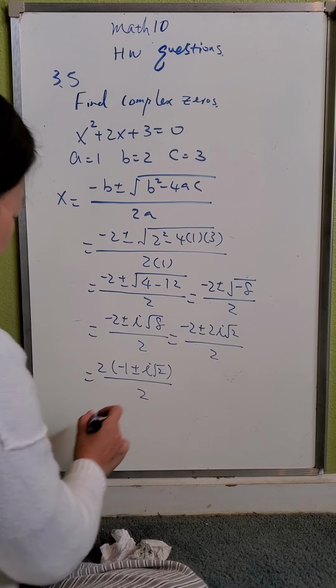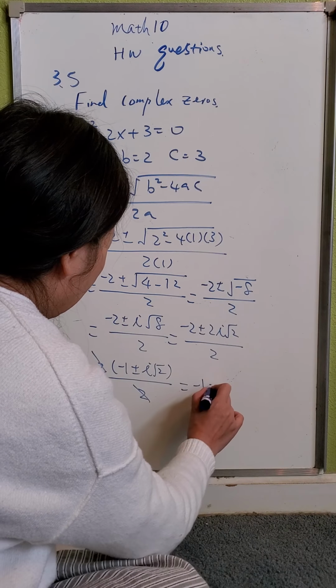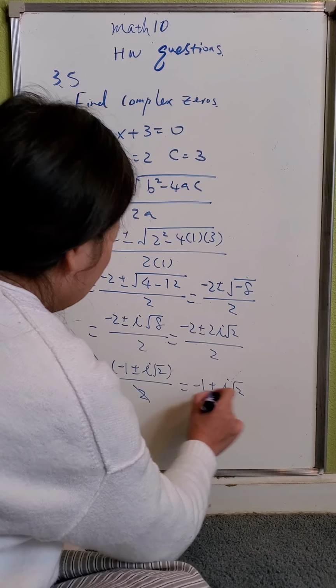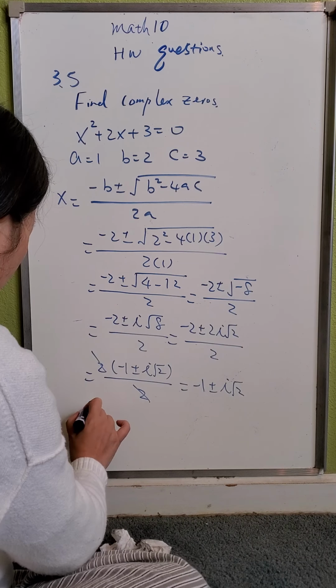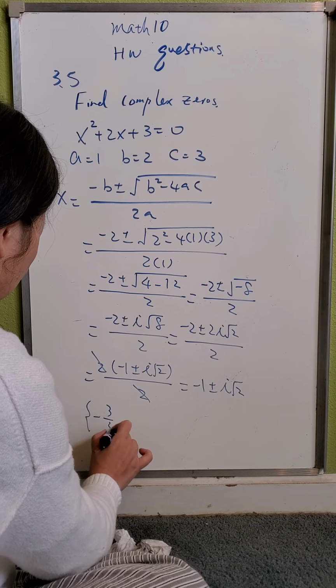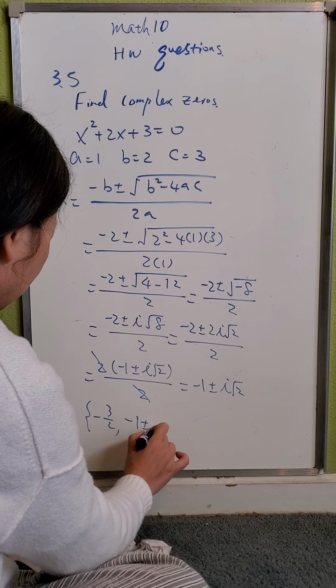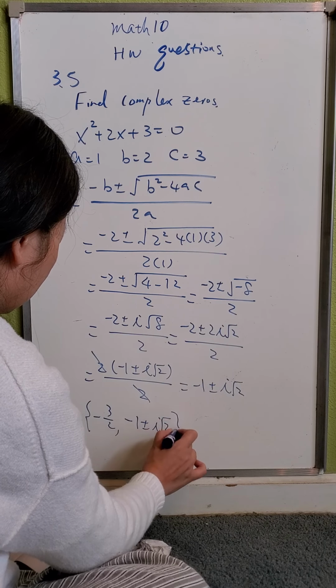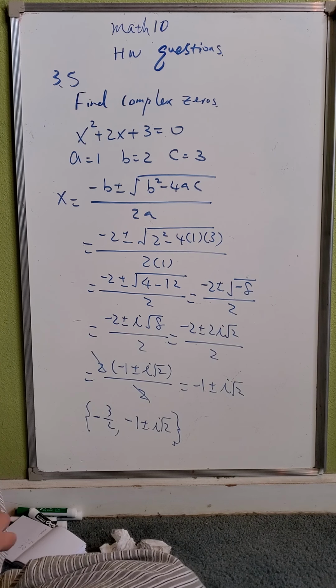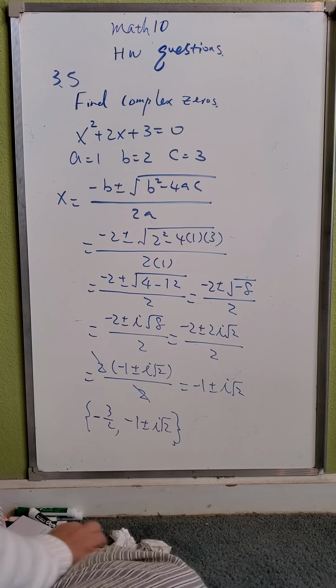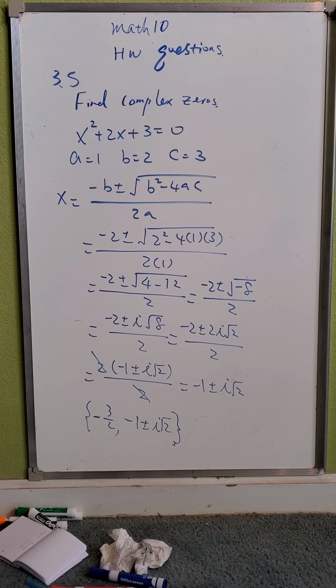Okay. So you have an answer of negative 1 plus or minus i square root 2. So the 3 answers you have, since this is degree 3 (I erased the problem), are negative 3 over 2, and then negative 1 plus or minus i square root 2. So that's how you do problem number 15.7. Okay? Be sure to do your homework.